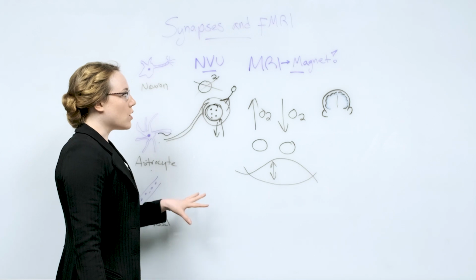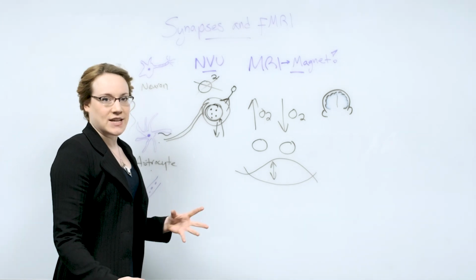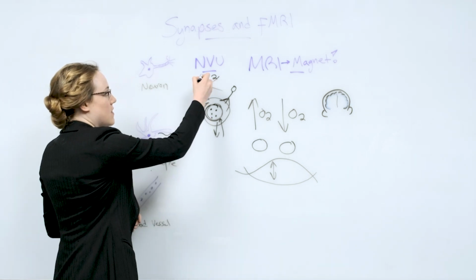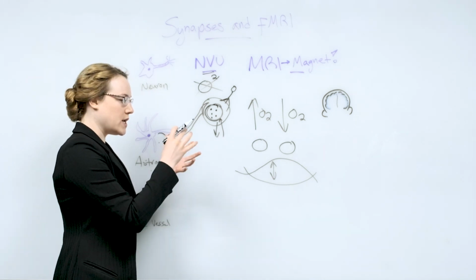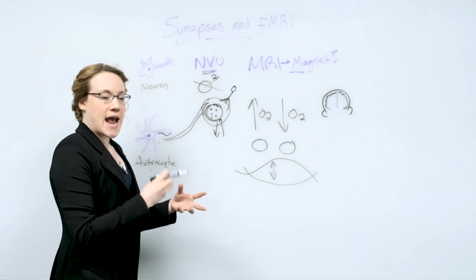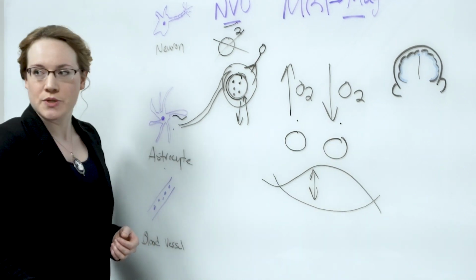Now, this is the core of functional MRI. Functional MRI does not look at brain activity like, for example, an EEG. It is looking at this neurovascular unit and neurovascular coupling, the coupling between a brain area that is being activated to do a task and oxygenated blood flow going to that area, which is then consumed.